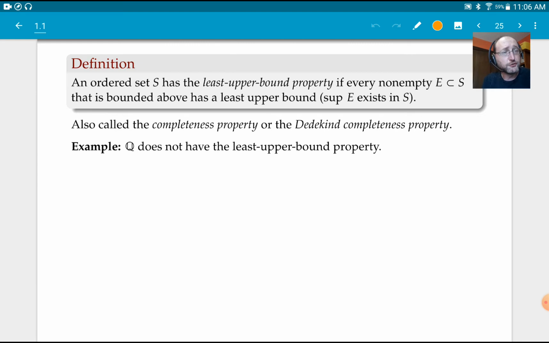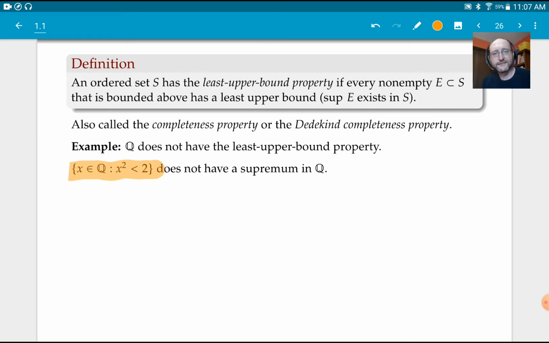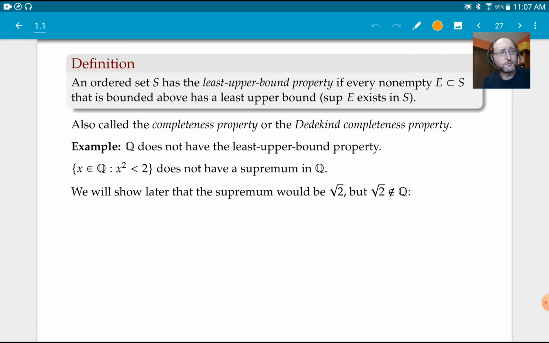Right, so for example, Q, the rational numbers, does not have the least upper bound property. Here's an example. Let's suppose that we take the set of rational numbers where x squared is less than 2. I claim that this does not have a supremum in Q. We'll actually use this later on to construct the square root of 2.